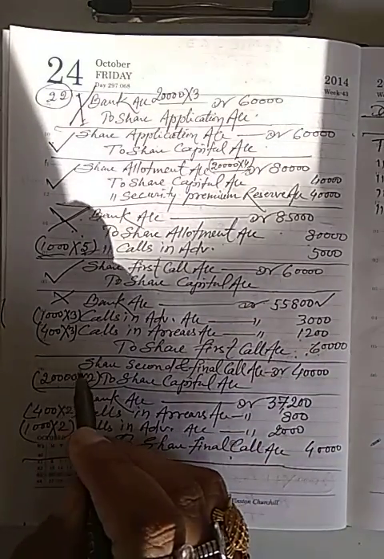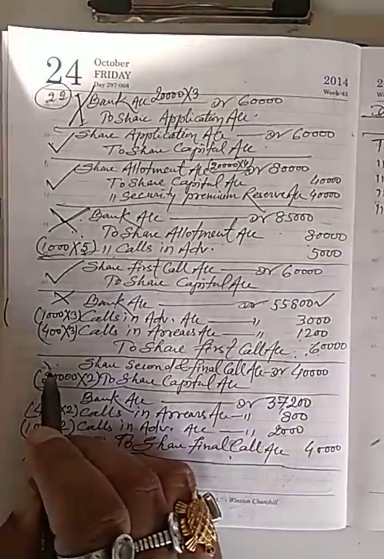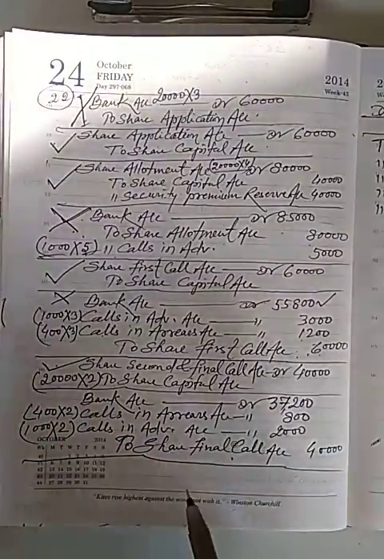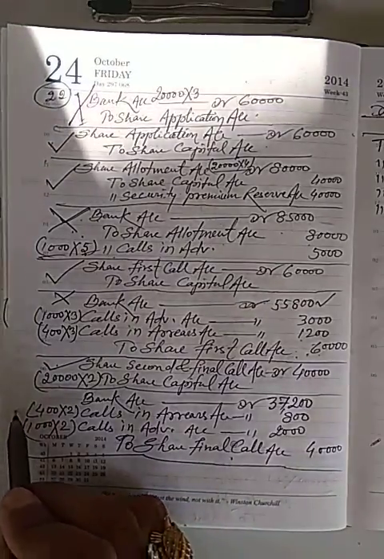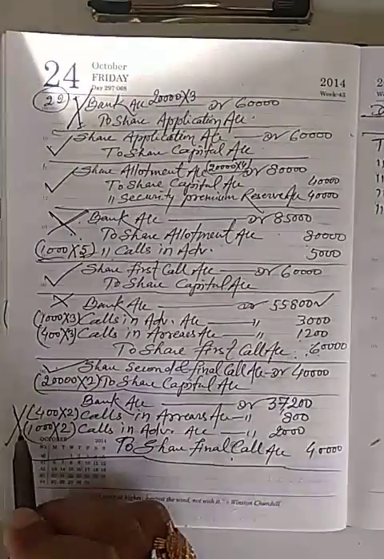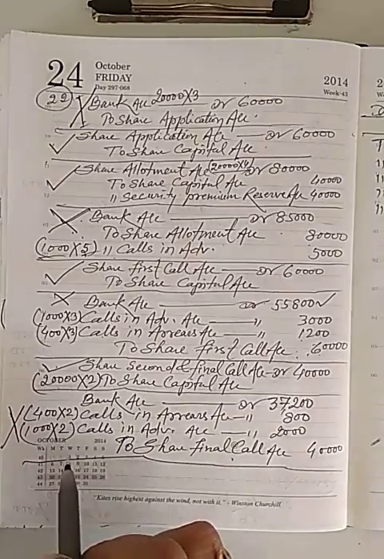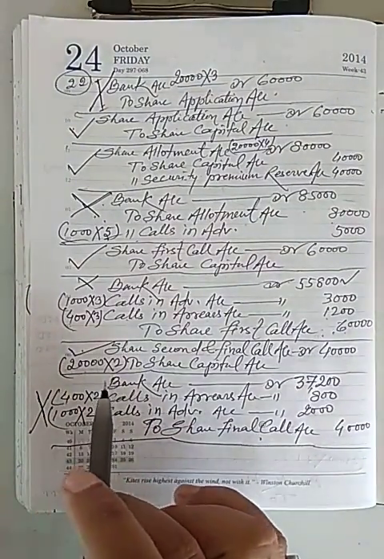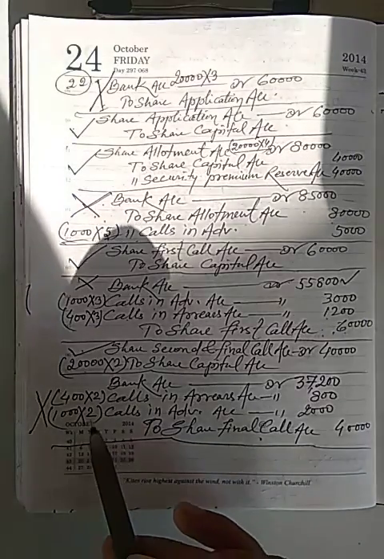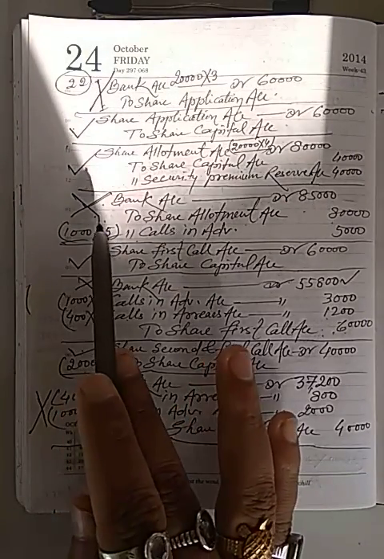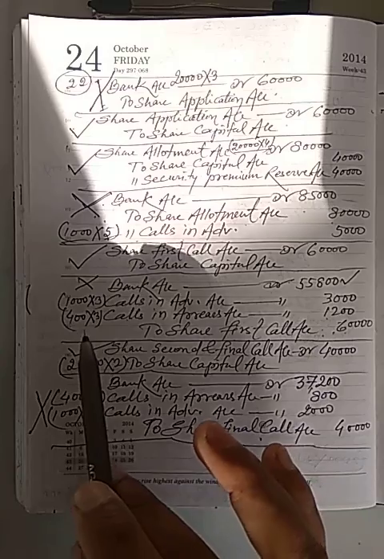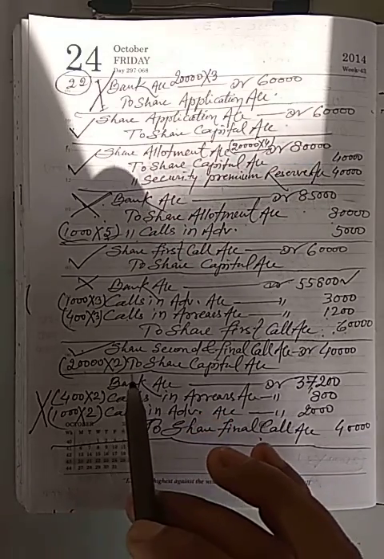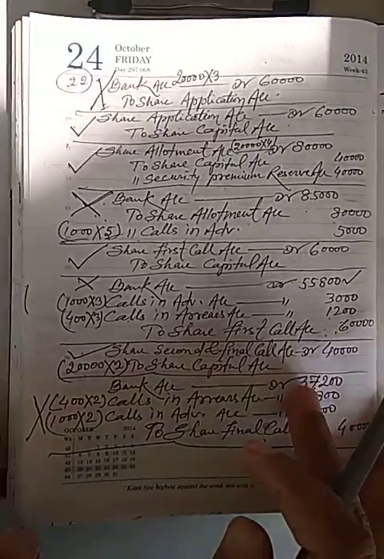Next I will do share second and final call money due, and the last journal entry also need not be shown in the journal. So only journal entries 1, 2, 3 and 4 will be shown when we prepare the cash book.